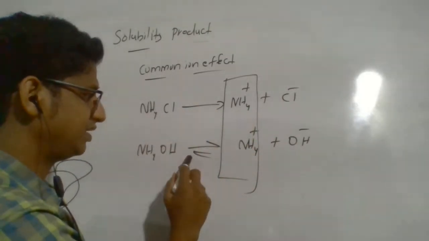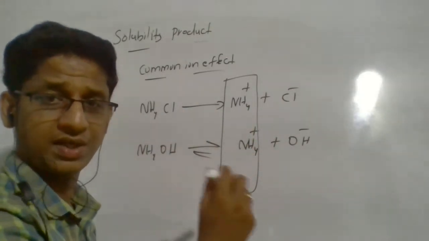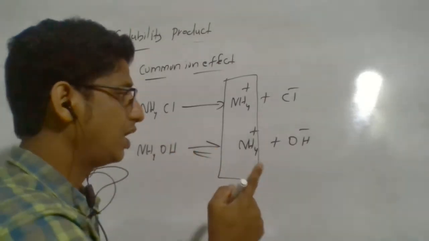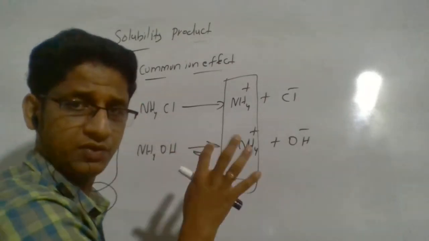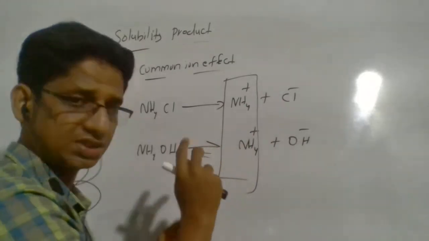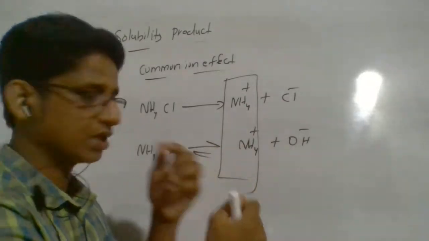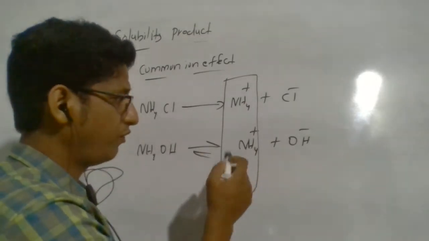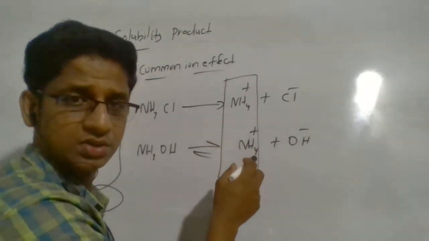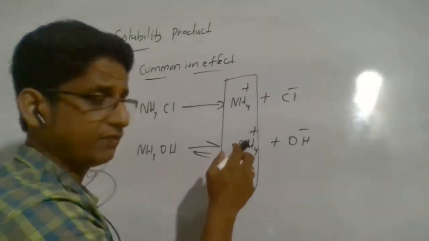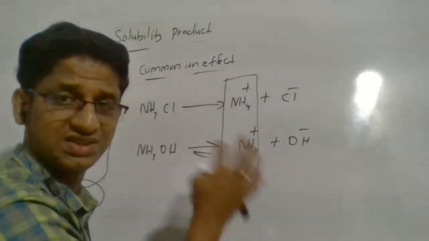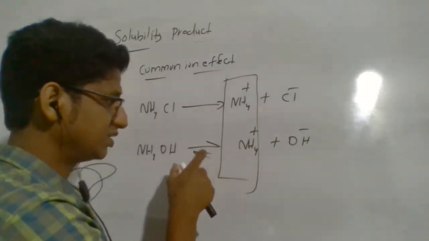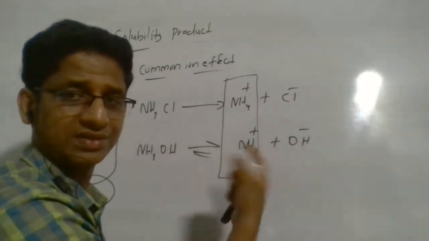Now what will happen? This is an equilibrium state where you can apply Le Chatelier's principle. According to Le Chatelier's principle, if you disturb the equilibrium system, the system will act against it. For example, here this is the equilibrium state. When excess ammonium ions are added, the system itself tries to act against it.